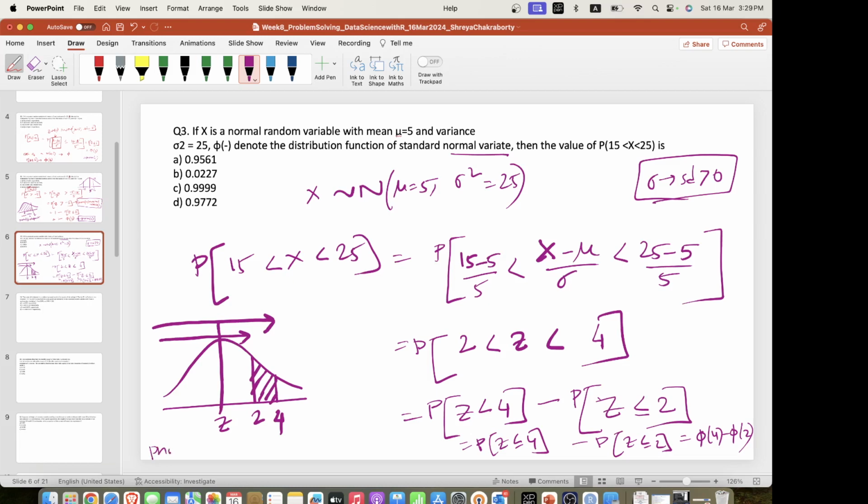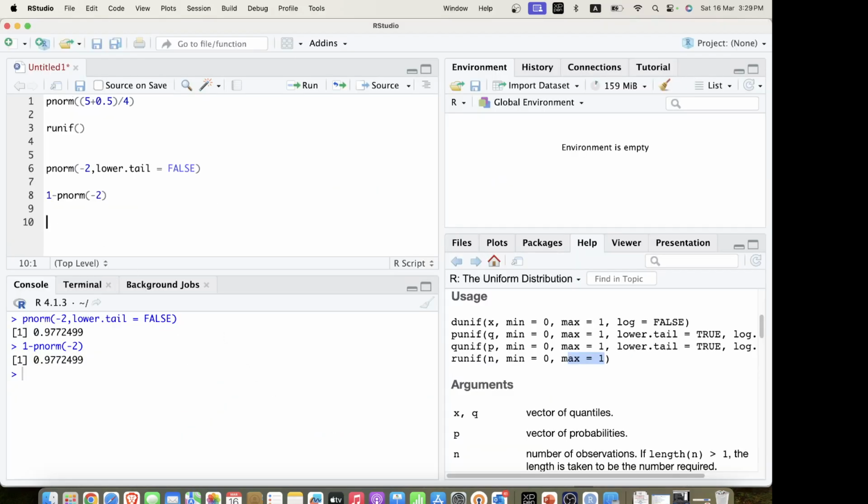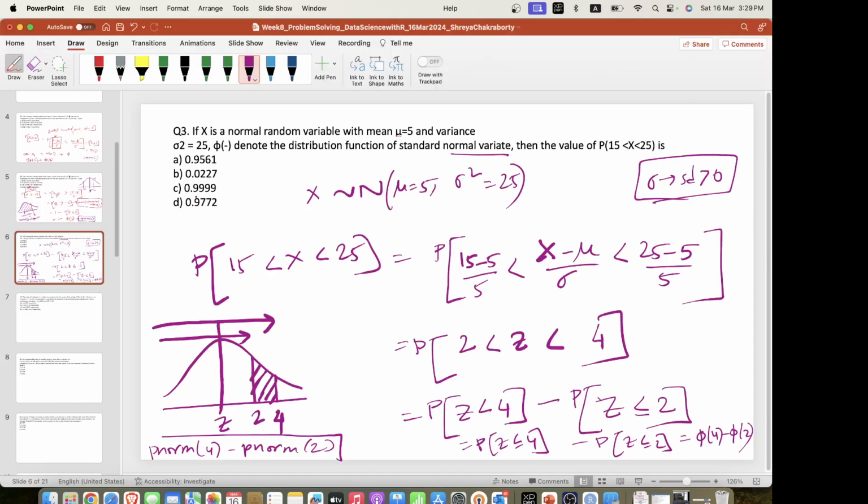For this we write pnorm(4) minus pnorm(2). This is the R command. So this is 0.0227.